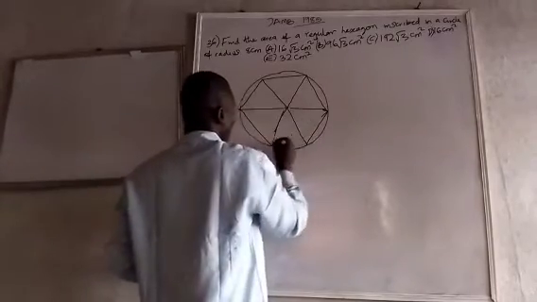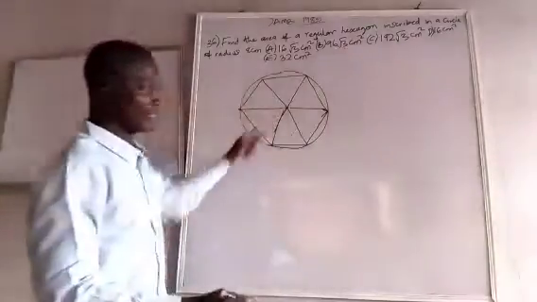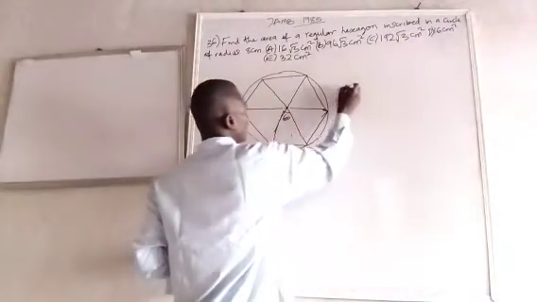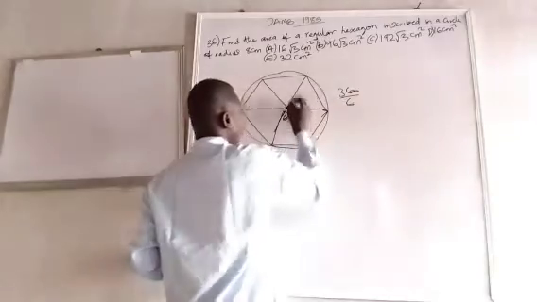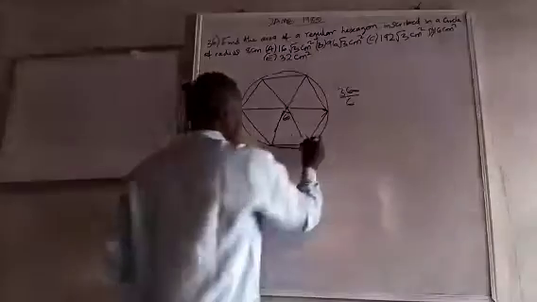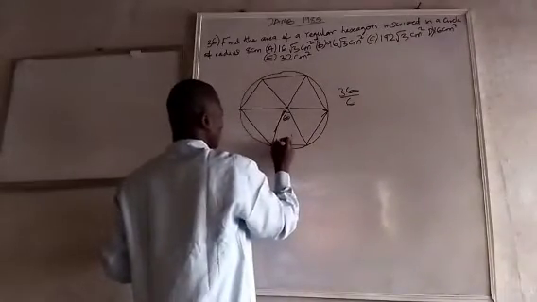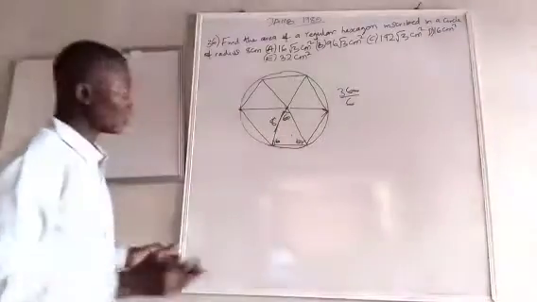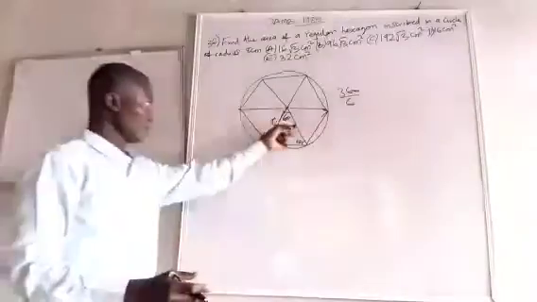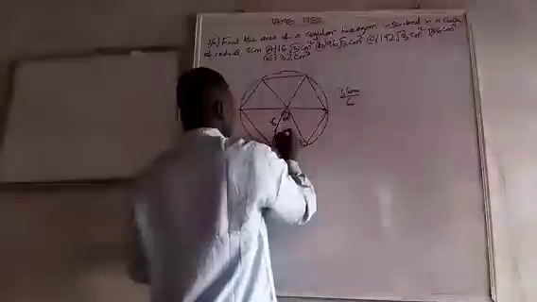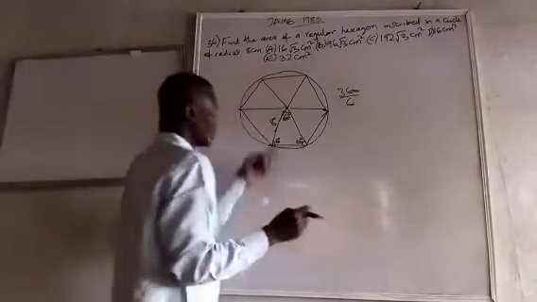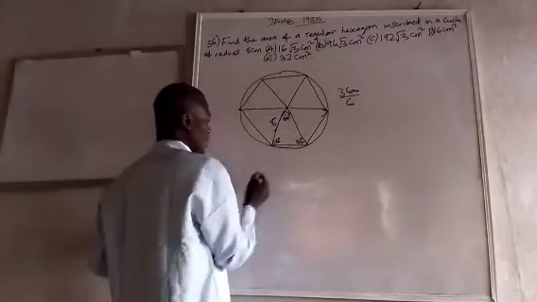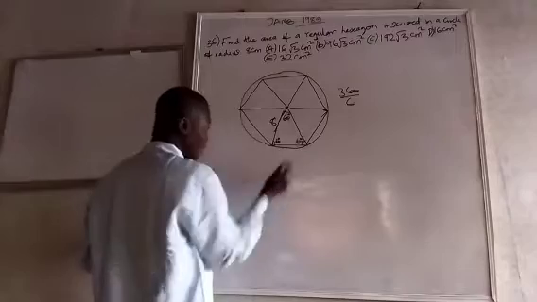Now let's go. For each triangle, the angle is 60 degrees, so it will be an equilateral triangle, because all the angles are 60 degrees.